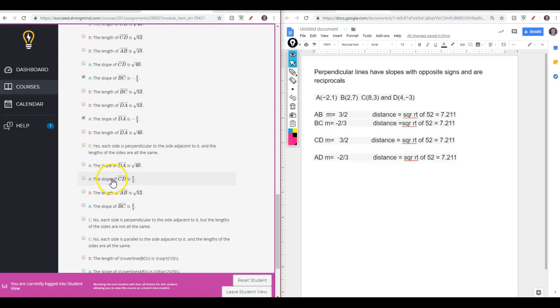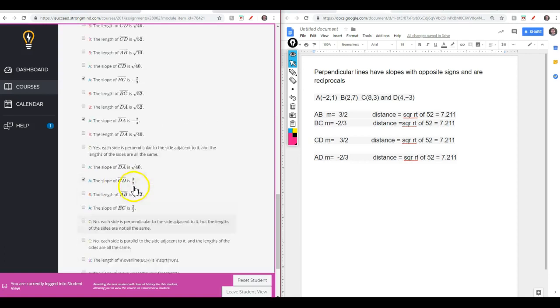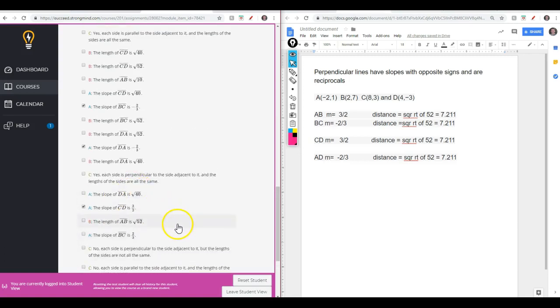The slope of segment CD is 3/2. Yes. The slope of segment BC is 2/3. No, it's negative 2/3. The slope of segment BC, square root of 10, no. So I'm looking for slope. Do I already have all 4 of them?